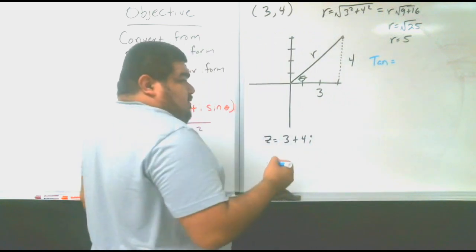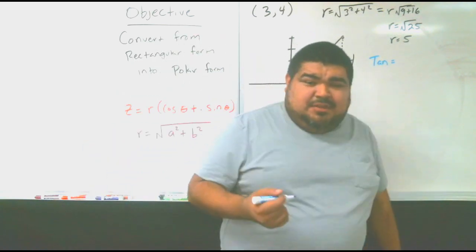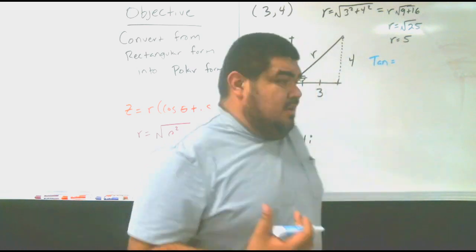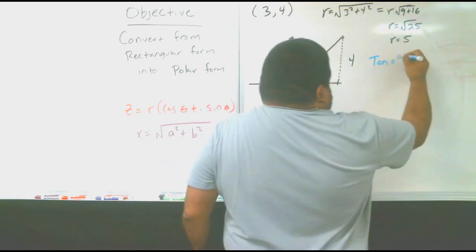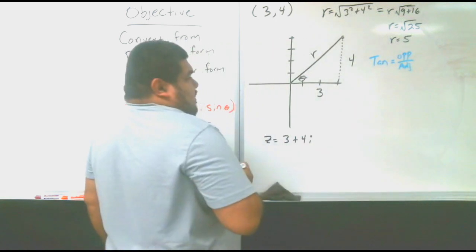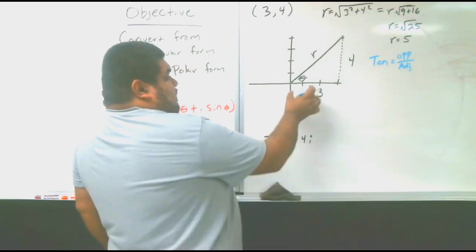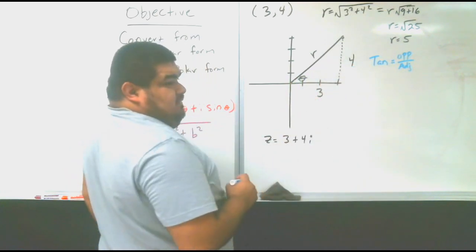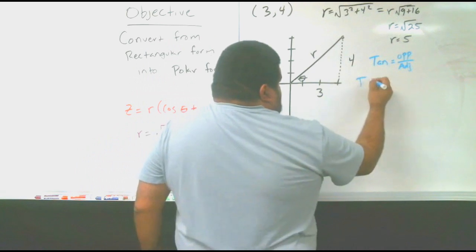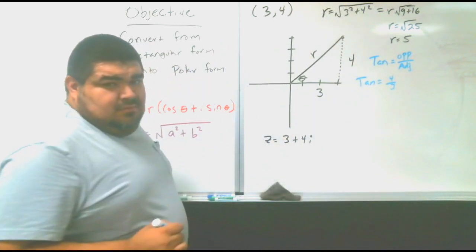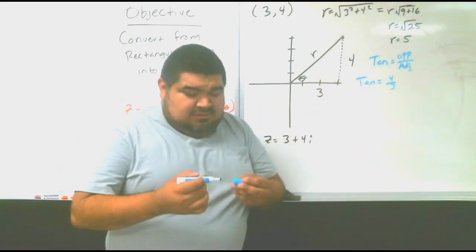If you remember from the previous lesson, SOH-CAH-TOA, tangent is opposite over adjacent. Since theta is here, this is the opposite and 3 is the adjacent. So tangent of 4 over 3, because remember, opposite over adjacent.